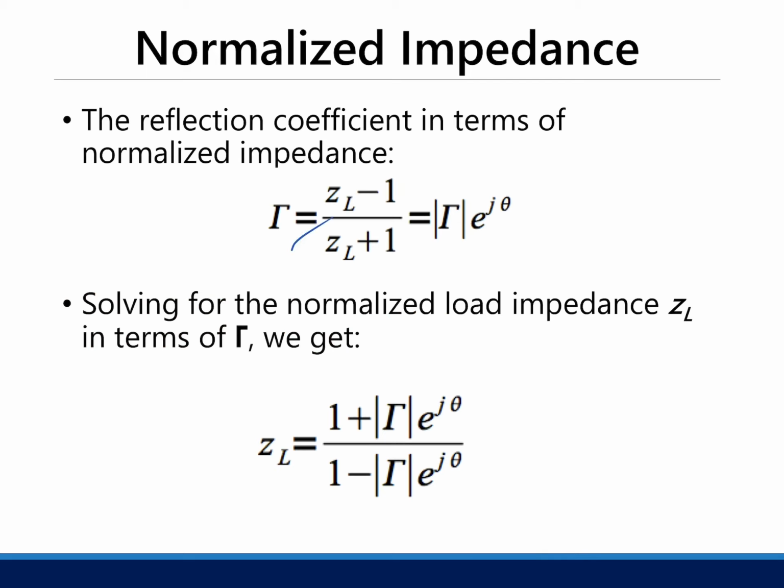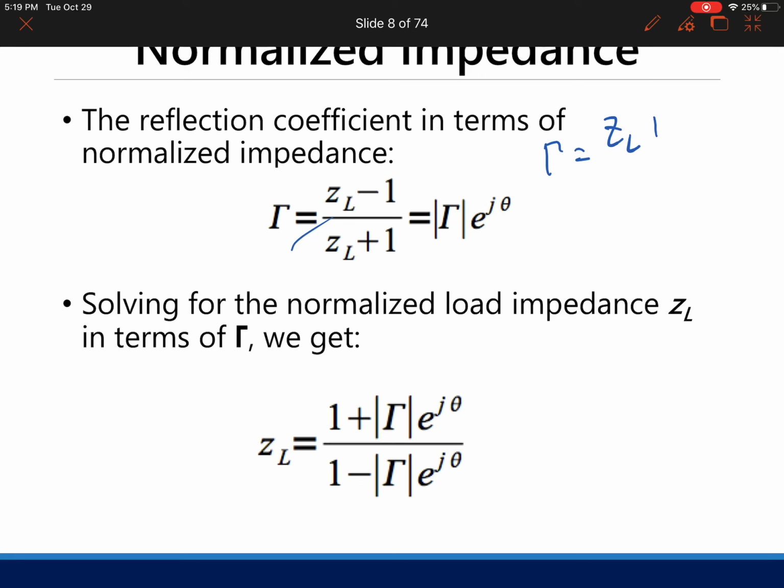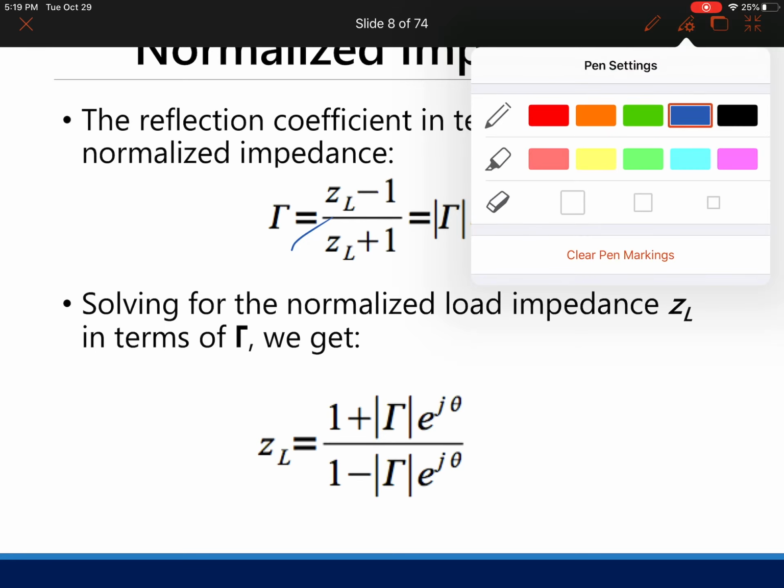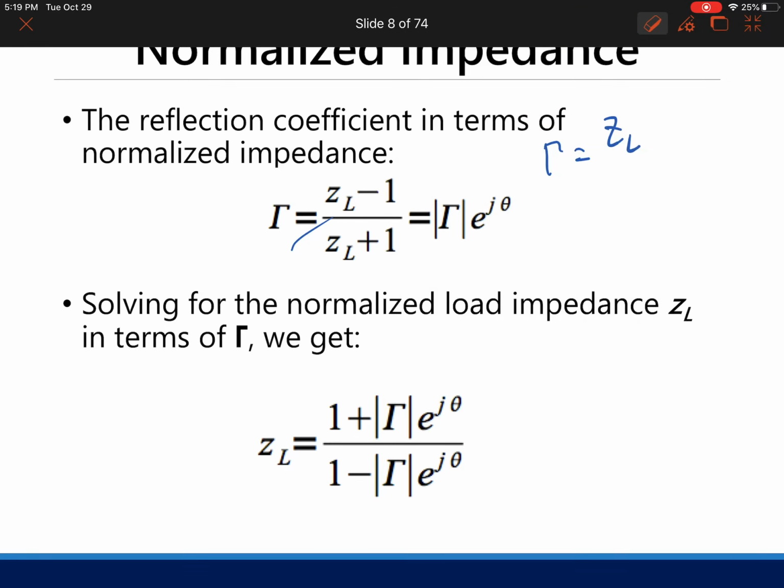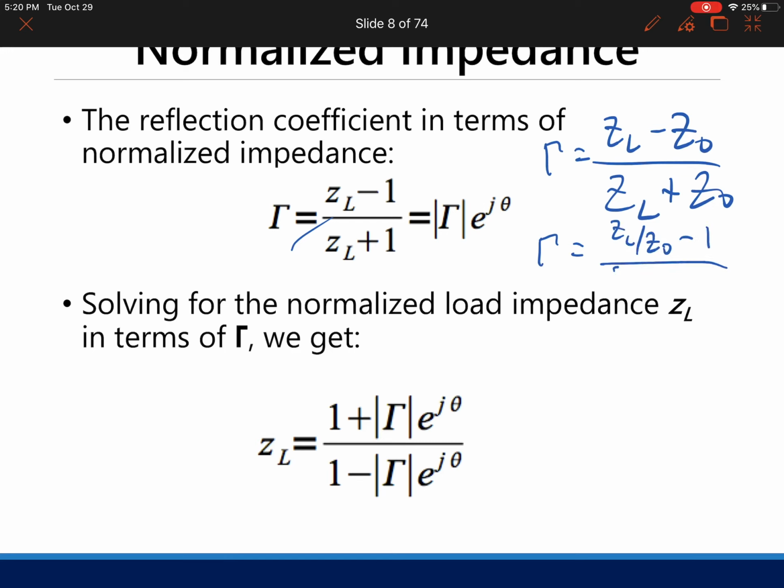It comes from the equation of the reflection coefficient, ZL minus Z0 over ZL plus Z0. If we factor out Z0 from both, we get ZL divided by Z0 minus 1 over ZL divided by Z0 plus 1.